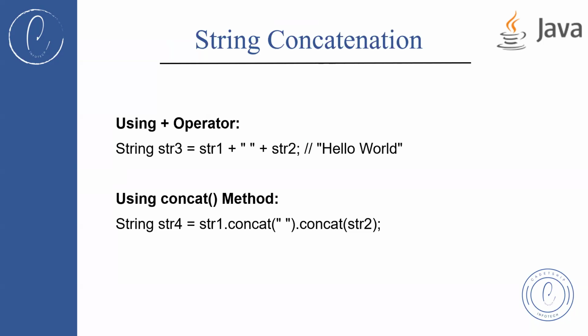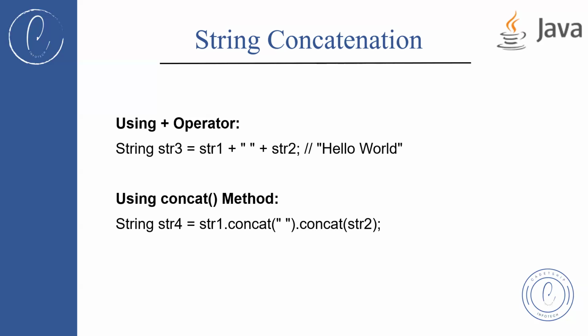In Java, we have certain methods that String supports, and concat is one of them. What I have done here is created a variable string 4 and concatenated one white space that I have written: str1.concat with double quotes here, then .concat string 2.